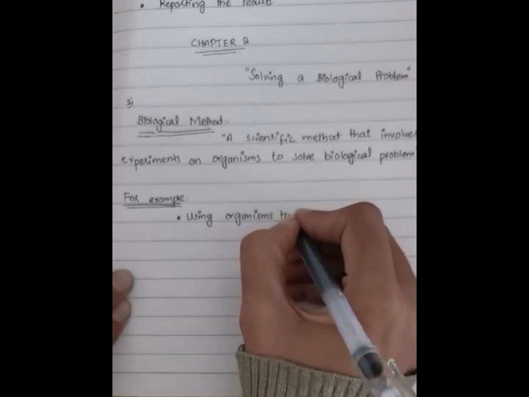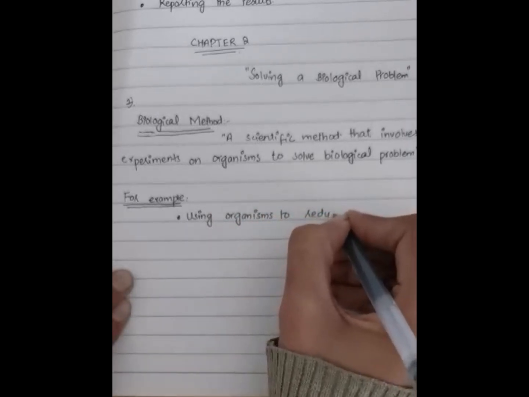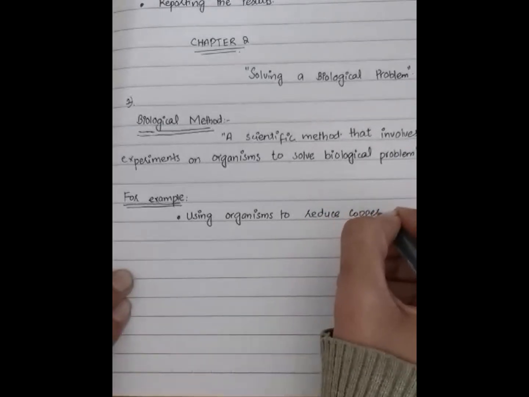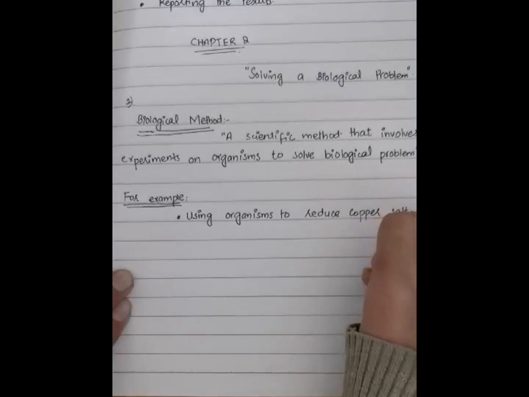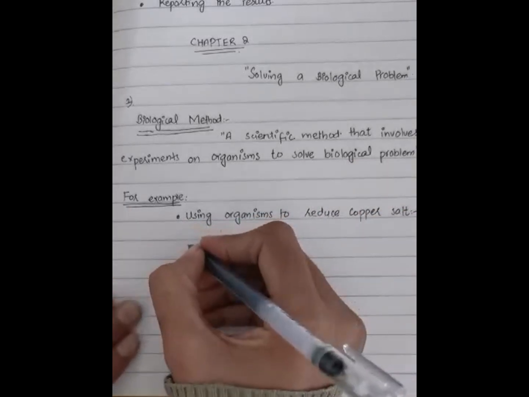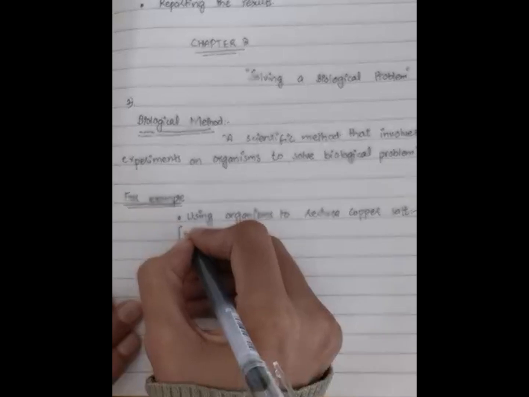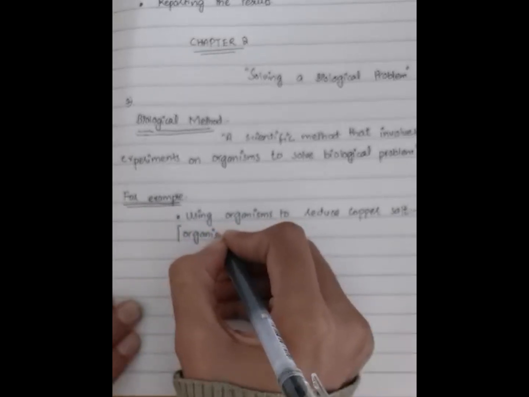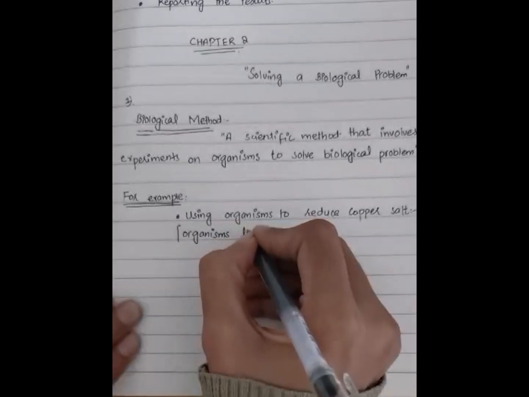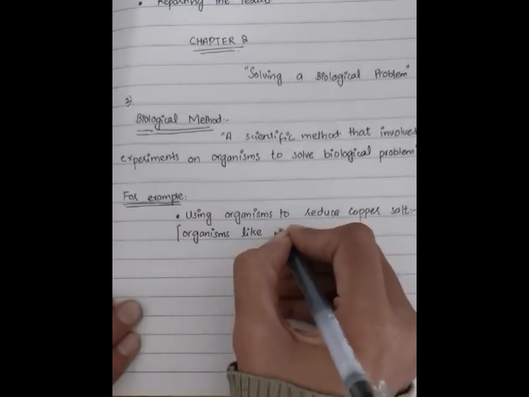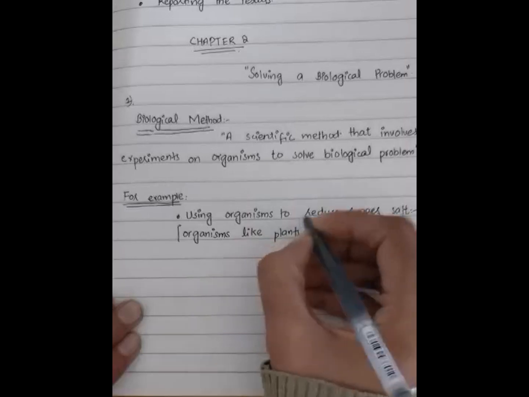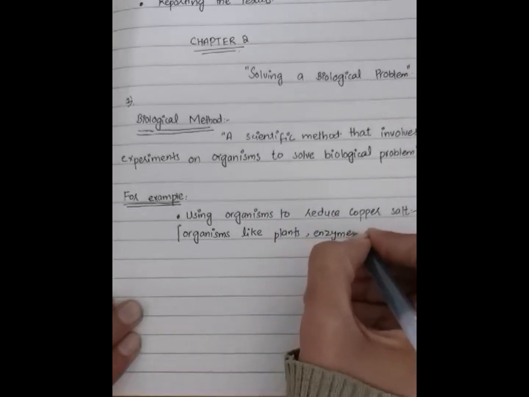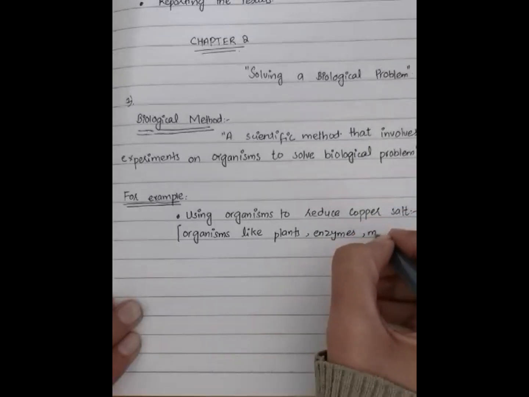Organisms means plants, enzymes, microbes, bacteria, fungi, proteins and starch, etc. Those organisms can easily reduce copper salt and stabilize it. This is the biological method: we use a living thing to solve biological problems in a scientific way, in a research way. So this is called a biological method.